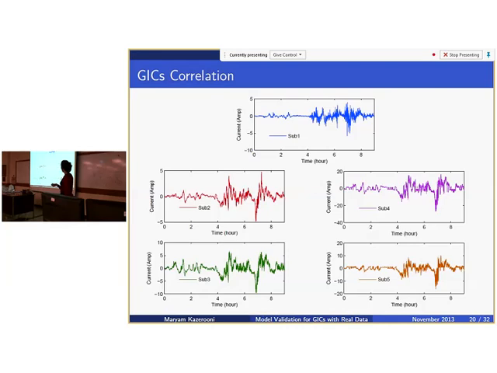If you compare these 4 plots, you see that the peaks match, even the timing and also the shape of them. But if you look at this one, you see that it's showing a different behavior.